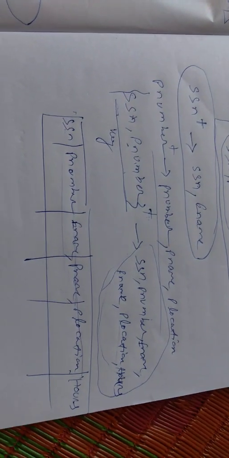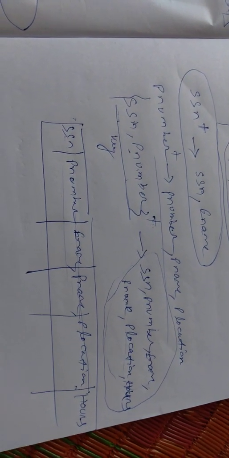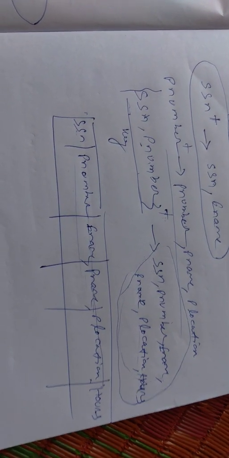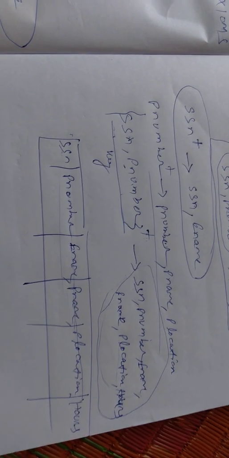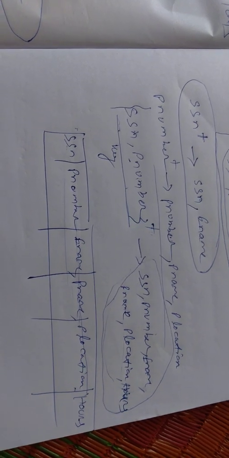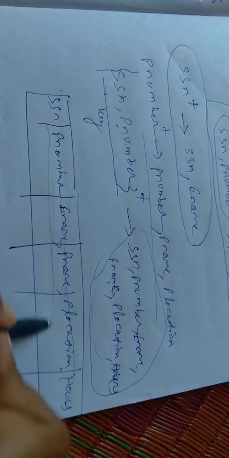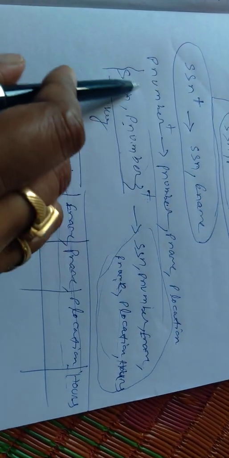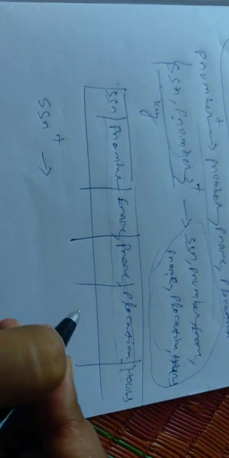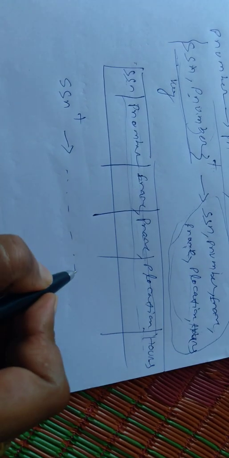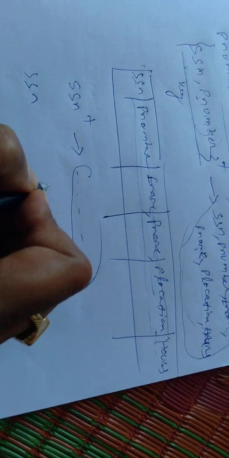This is one important concept: how do you get possible keys from the given relation. You find the closure of any attribute or combination of attributes. If on the right hand side you are finding all the possible attributes present in the relation, then this will be termed as a key. Suppose SSN closure gives all the attributes, then SSN itself will be a key.